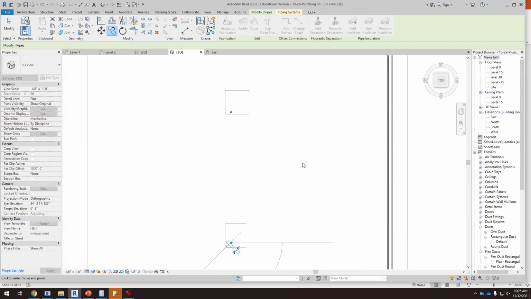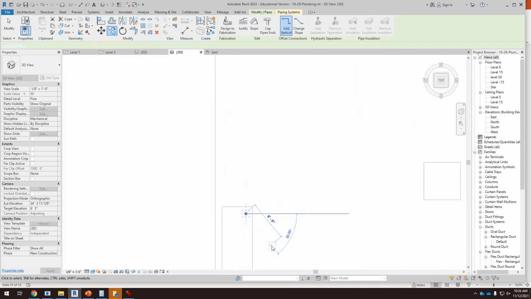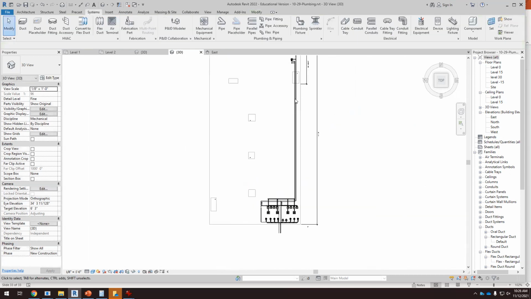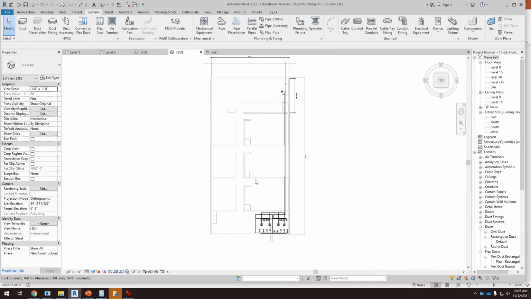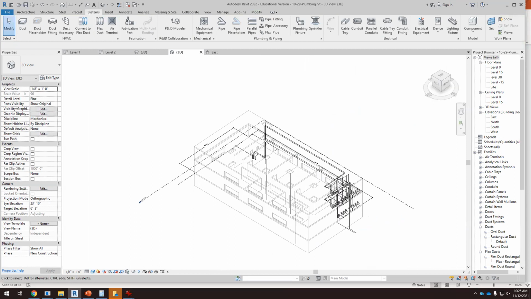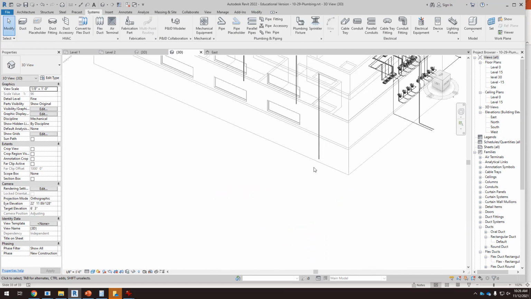And the last one can be here. Okay. So now there are 4: 1, 2, 3, and 4. And they are all from the roof up to the basement.